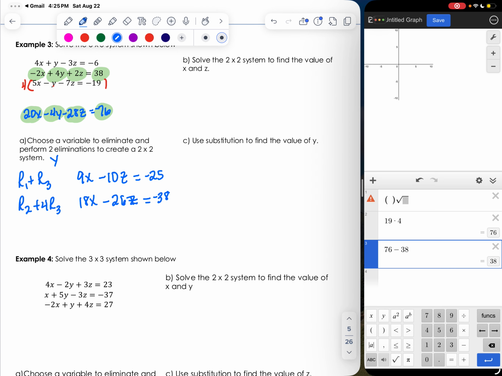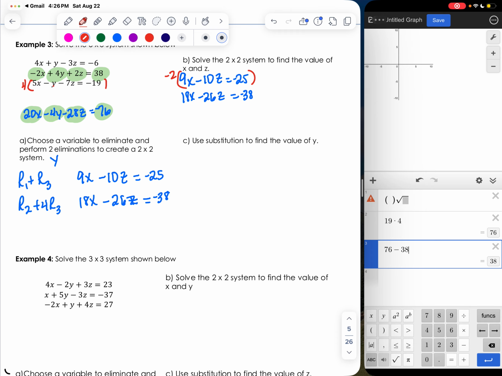So I'm going to write down my new system, which is 9x minus 10z equals negative 25, and I want to combine that with 18x minus 26z equals negative 38. Now I'm going to solve this by elimination. I'm going to multiply this top row by negative 2 so that I can turn that 9x into a negative 18x.